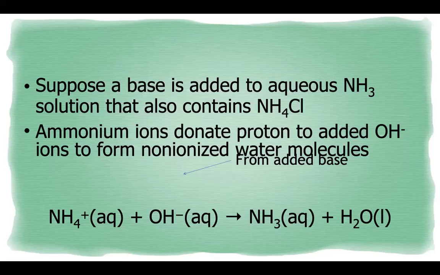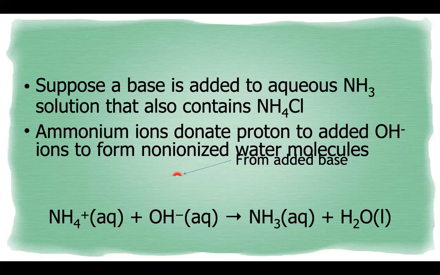So here I have a buffer that's made of a weak base, which is ammonia, and a salt of the weak base, which would be anything containing ammonium. So in this case, it's ammonium chloride.